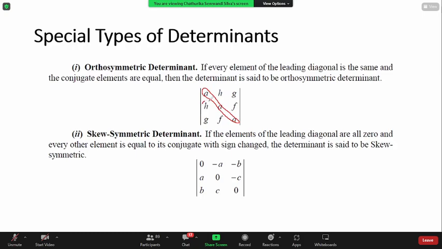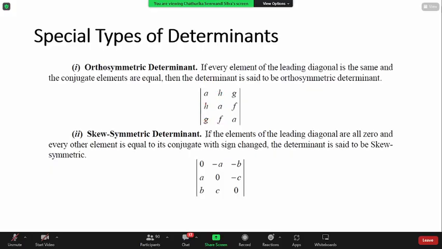So what are the conjugate elements? These are the conjugate elements. So every element of the leading diagonal is the same, and also the conjugate elements are equal. Then the determinant is said to be orthosymmetric. So this is an orthosymmetric determinant.